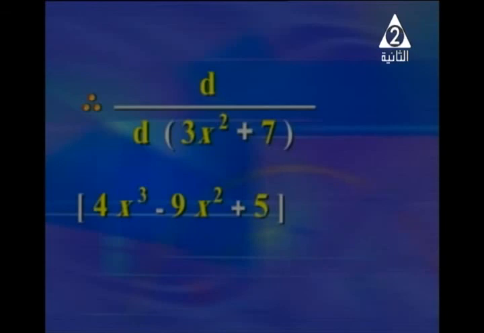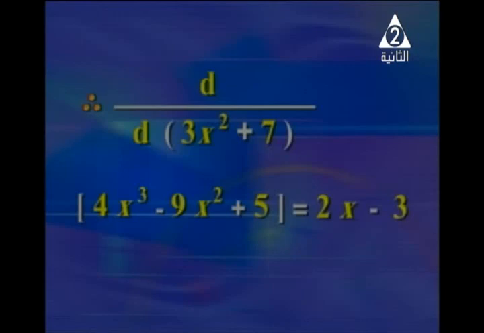Therefore, when we find the derivative with respect to 3x power 2 plus 7 of the function 4x power 3 minus 9x squared plus 5, we find the derivative dy over dx multiplied by what? dx over dz. Excellent student. After that, the answer is 2x minus 3.